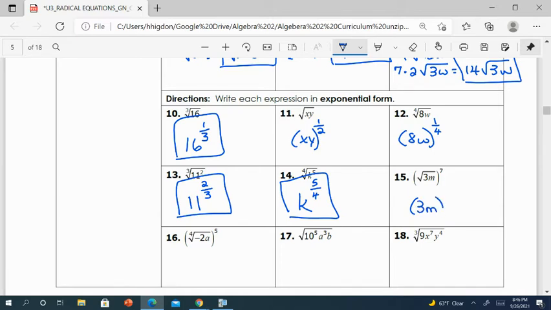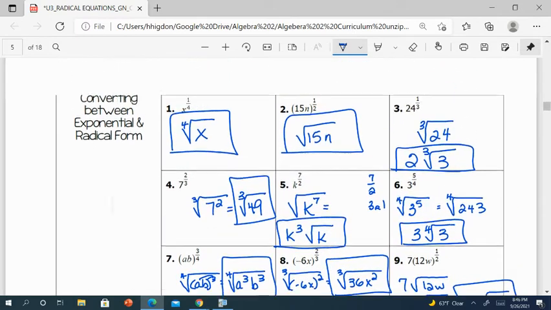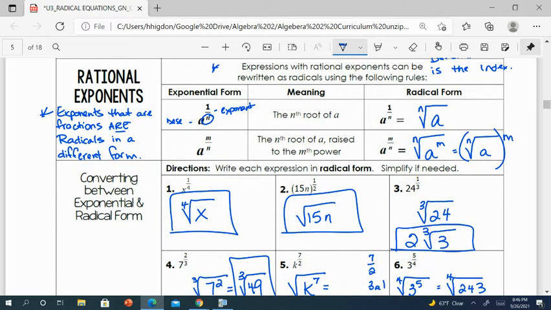Your 3 and your m are your base, and the denominator is a 2. But what's the numerator on this one? Well, the 7 is on the outside of the radical, but I showed you earlier that that's just the same thing. If you look back up here, the exponent, the numerator, can either be inside or outside.